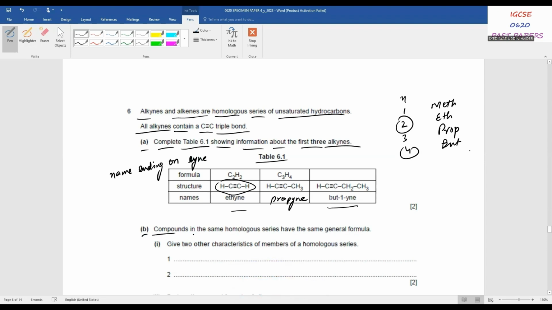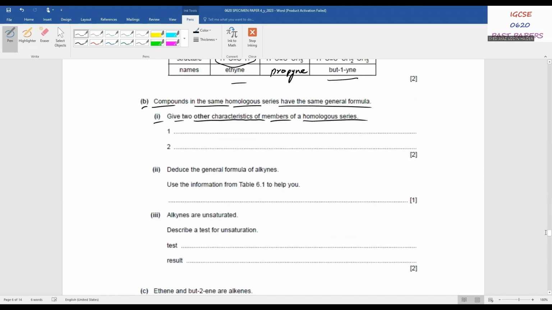B. Compounds in the same homologous series have the same general formula. Give two other characteristics of members of a homologous series. You can write any of these. Contain the same functional group, differ from one member to the next by a CH2 unit, a trend in physical properties, similar chemical properties, same method of preparation.